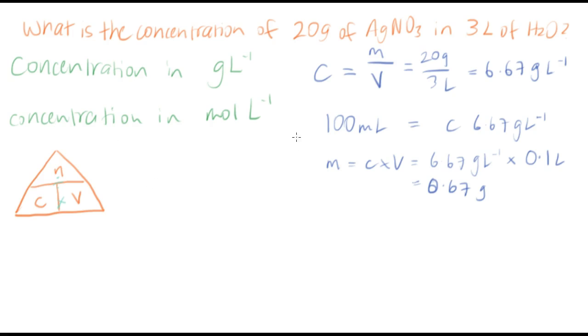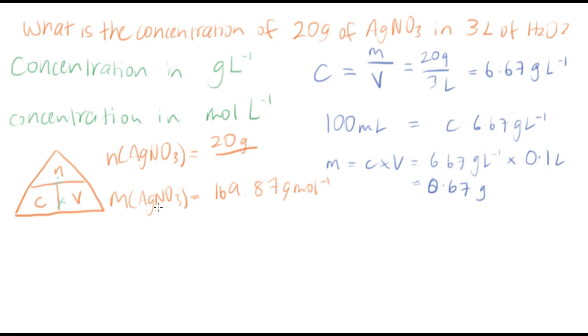First things first, let's find out how many moles of silver nitrate we actually have. That is going to be 20 grams over the molar mass of silver nitrate, which is around about 169.87 grams per mole.